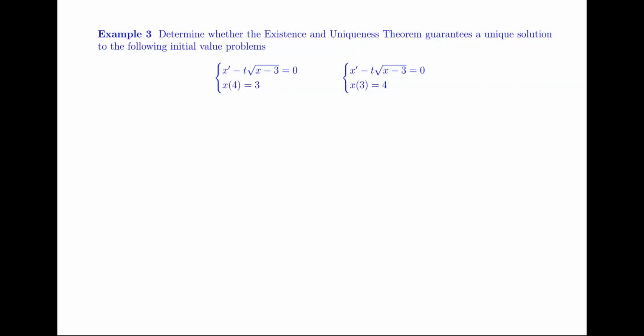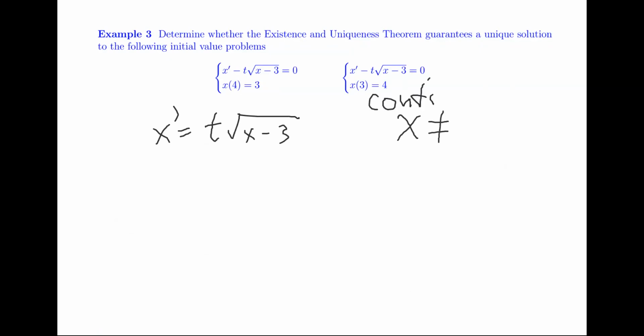So again, we want to rewrite it. And this is continuous as long as x does not equal 3. Actually, I should say x is greater than 3. We're not going to discuss the endpoints, right?